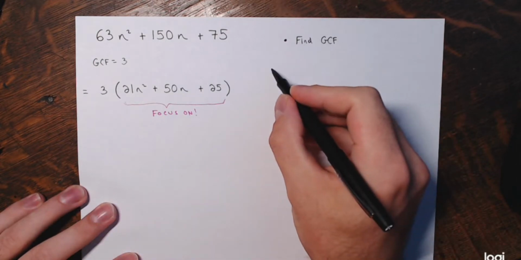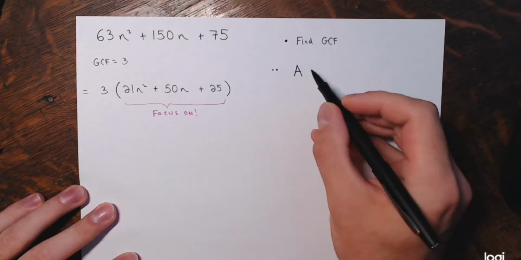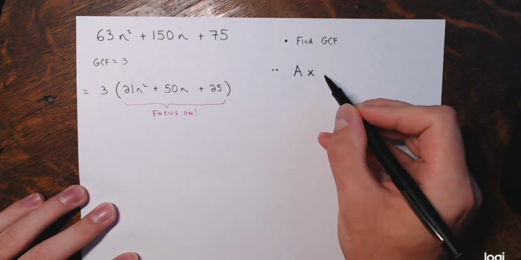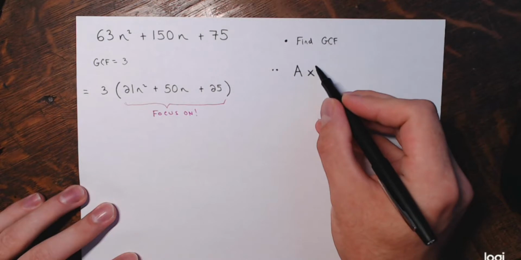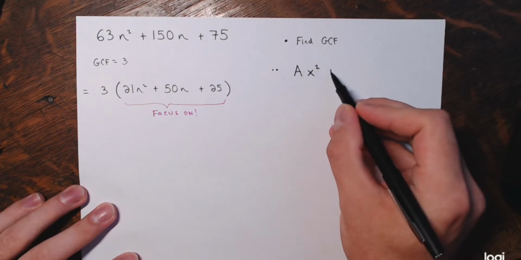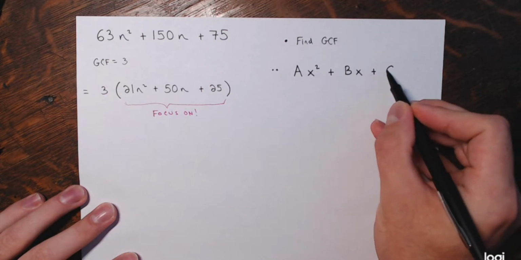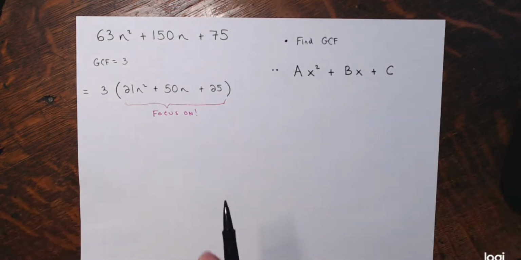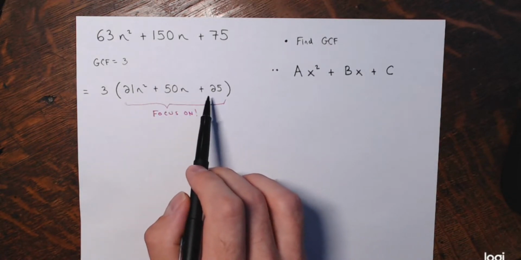So now we're looking at polynomials of this form, ax squared plus bx plus c. I'm going to use x over here, but just know that the variable could be any expression, x, n, where a, b, and c are numbers, like 21, 50, and 25.